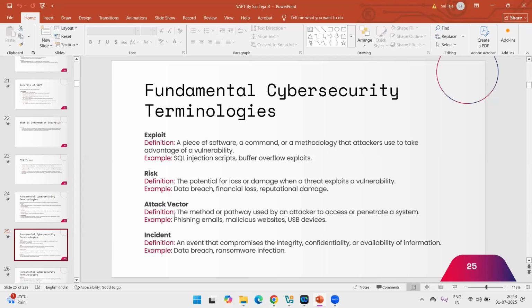That is an incident, because I am performing that attack to gain access to your system to access confidential information, or maybe I want to modify or delete something. So whenever an event compromises the CIA, we can consider that an incident. It could be data breach or ransomware, anything.